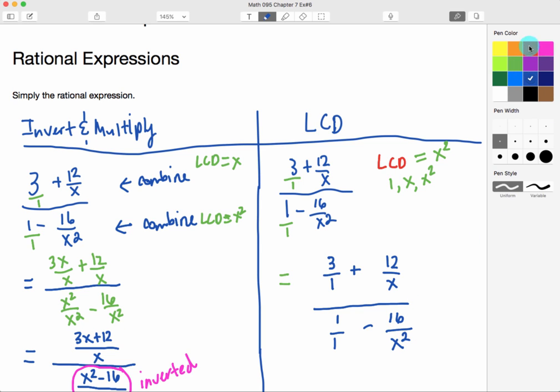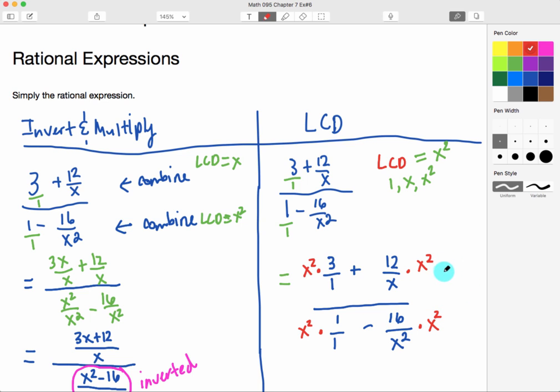So I'm going to take this LCD of x squared and multiply it by every term, or every fraction, in my complex fraction. So why are we allowed to do this?